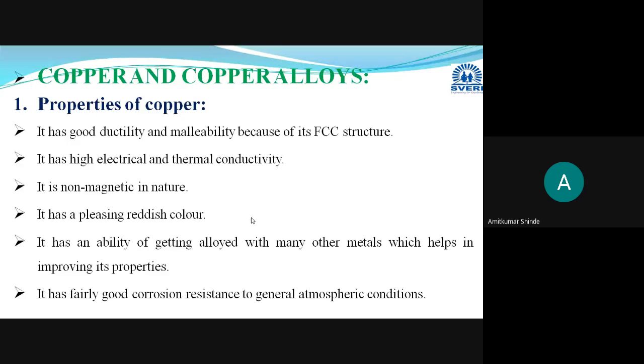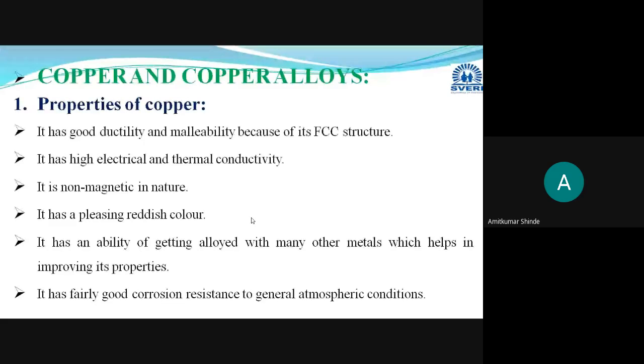Okay. Now, before starting the actual copper alloys, first you should understand what are the properties of the copper. These are copper and copper alloys. Before this, I will take a little bit of a review related to the meaning of non-ferrous alloys.